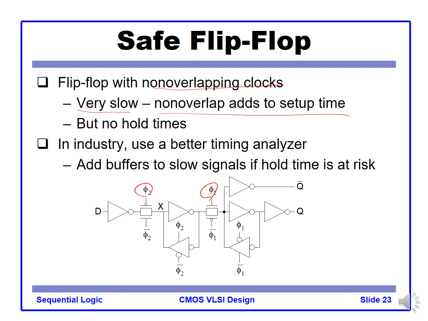But you can avoid the data just passing through the flip-flop, right? This is called a race condition. The race condition is avoided by a two-phase non-overlapping clock.